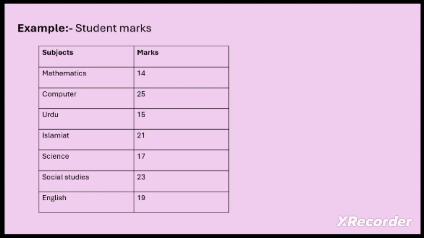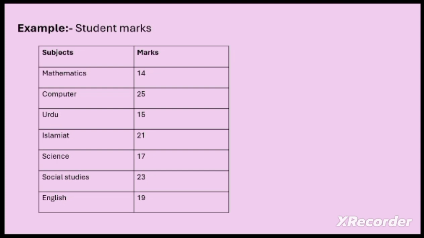that is of marks. So we have 7 data entries. These marks will be considered as entries. The first entry is 14, the second entry is 25, the third entry is 15, the fourth one is 21, the fifth one is 17, the sixth one is 23, and the seventh one is 19.